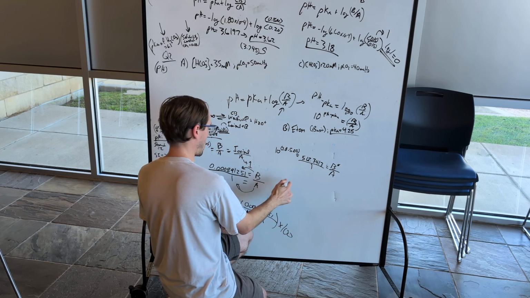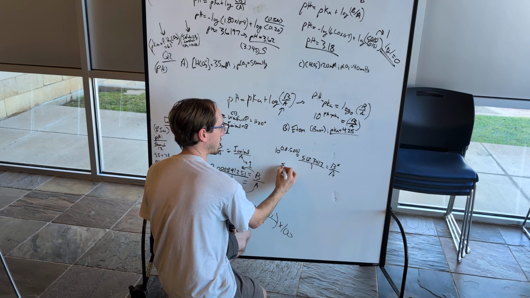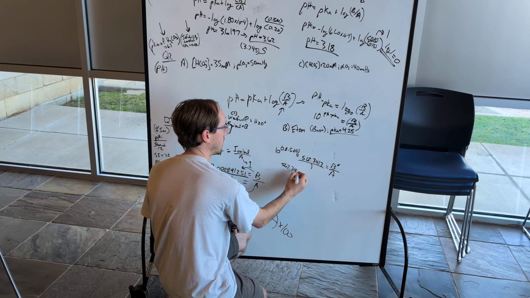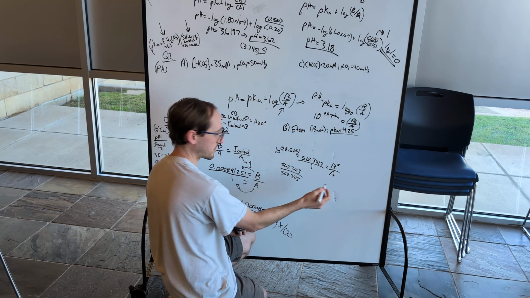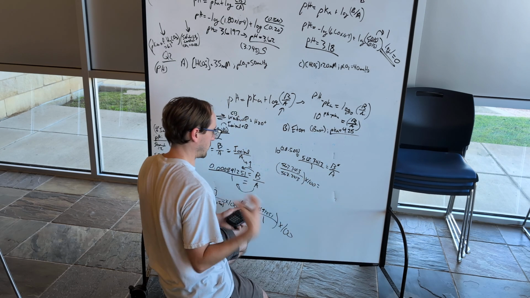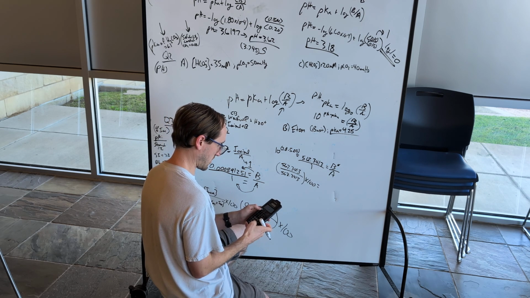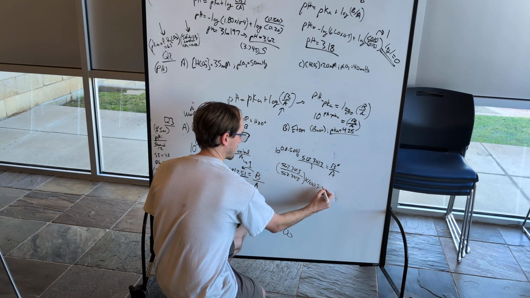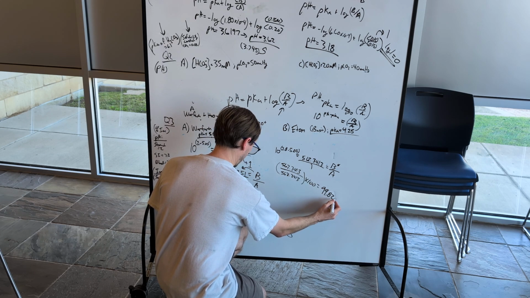So then we do our ion over total times 100. So the ion would be 562.3413 over 563.3413, because it's plus 1 for the A, times 100, which gives us 99.82%.